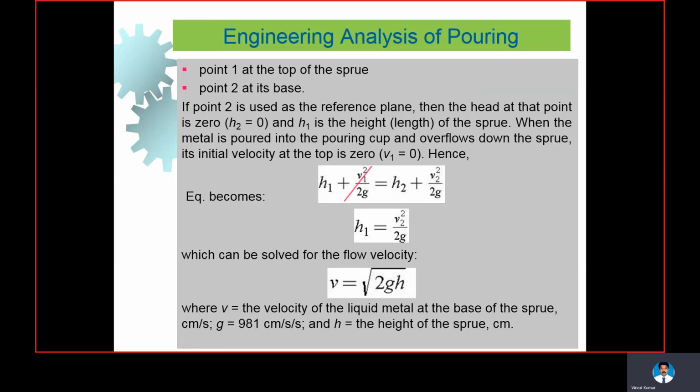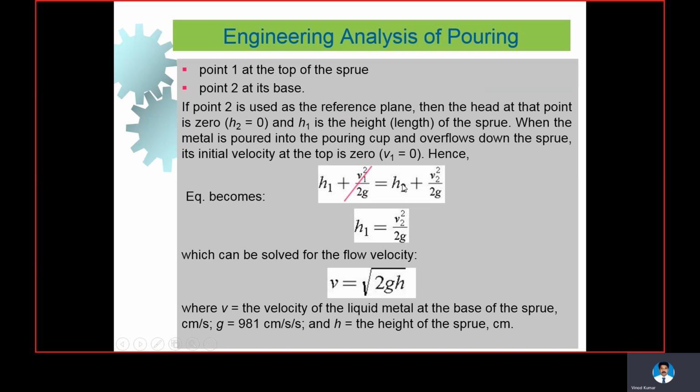If you take the top side of the sprue, at point 1, the top level, velocity is 0. So at point 1, V1 square over 2G becomes 0, and then H1 is equal to H2 plus V2 square over 2G.